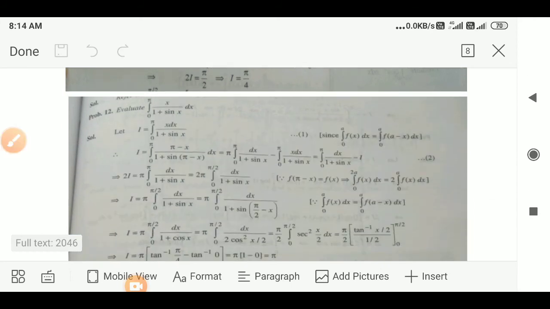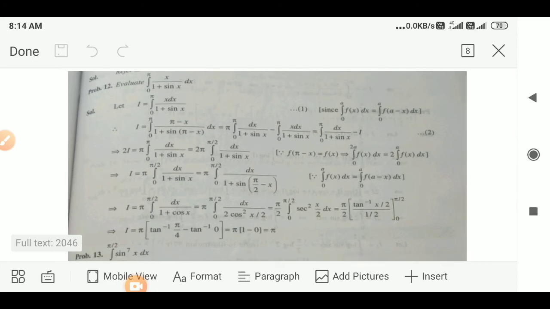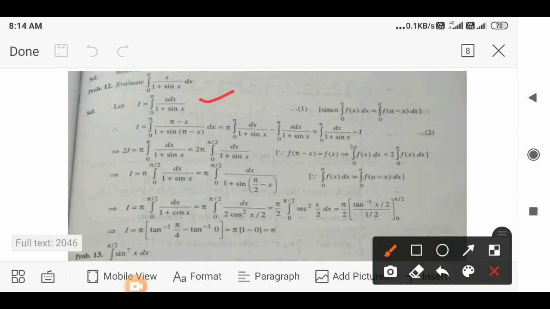There is another type of question, evaluate integral 0 to pi of x upon 1 plus sin x dx. Here you consider it as I. Now using this property again, integral 0 to a of f(x) dx is equal to integral 0 to a of f(a minus x) dx.